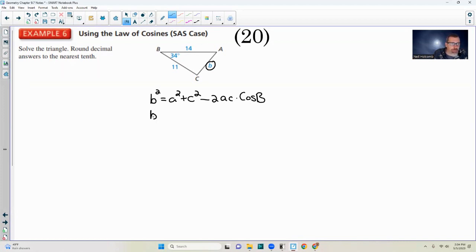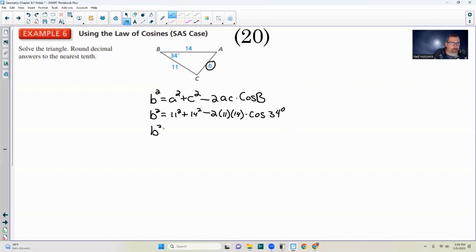So we're trying to find B squared, and we substitute our givens. A is opposite angle A, that's 11, plus C, which is opposite angle C, which is 14, minus 2 times 11 times 14 times the cosine of 34 degrees.